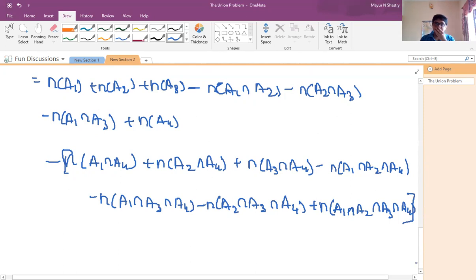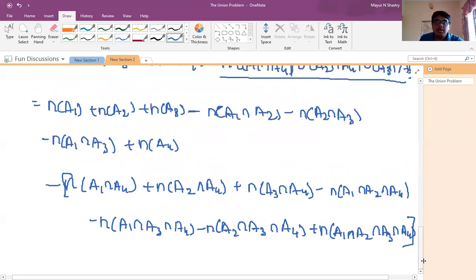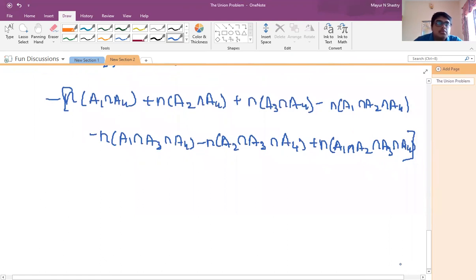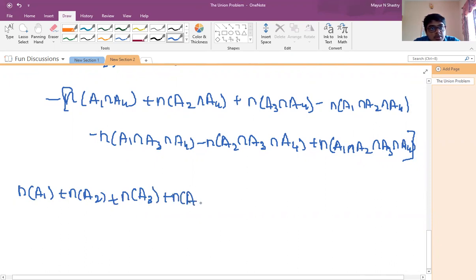So we have this. Now we will try to group similar looking terms. That is what we are going to do. So notice that there is n of A1 plus n of A2 plus n of A3 plus n of A4. These are one set of similar terms.